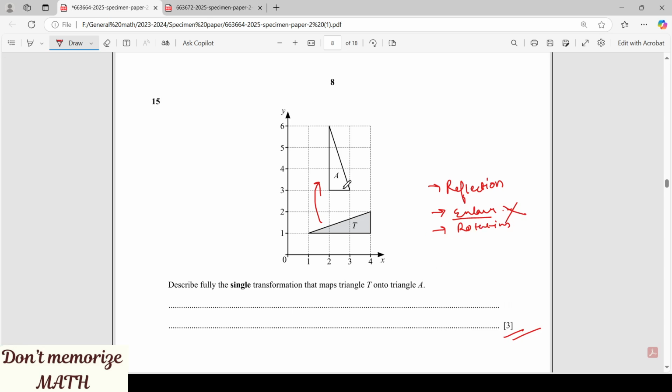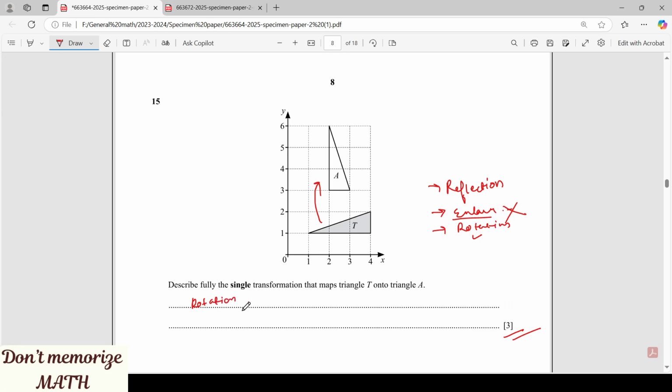The next one, rotation. In a reflection it won't rotate. Sometimes you will get enlargement and rotation together, so be very careful. Otherwise here you can see it is rotated. You can use tracing paper and find out the answer here. So here the transformation is rotation.